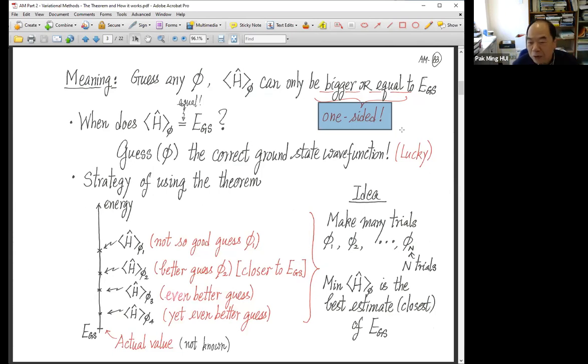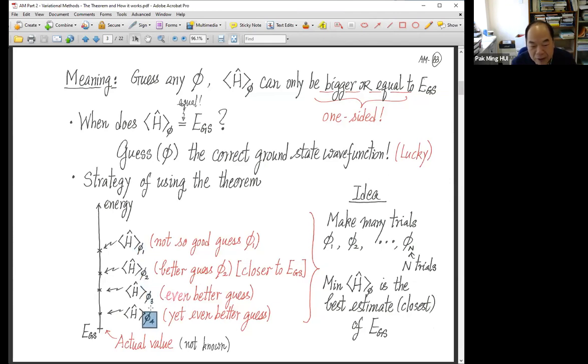And how can we make use of it? We just work harder. Quantum mechanics reflects life: you just work harder, then you will get a better result. How does it go? You keep on guessing different trial wave functions, make different guesses.